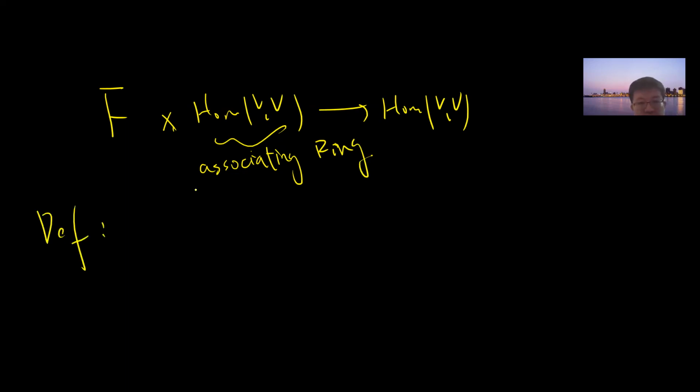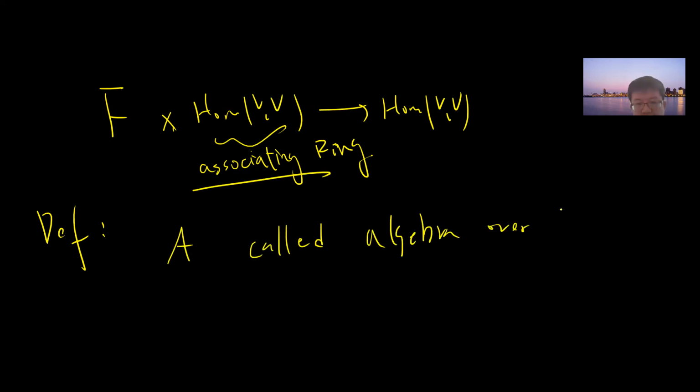If you have an associative ring A, it is called an algebra over F. In this video I only talk about algebras over a field F, but in general you can define them over other rings.